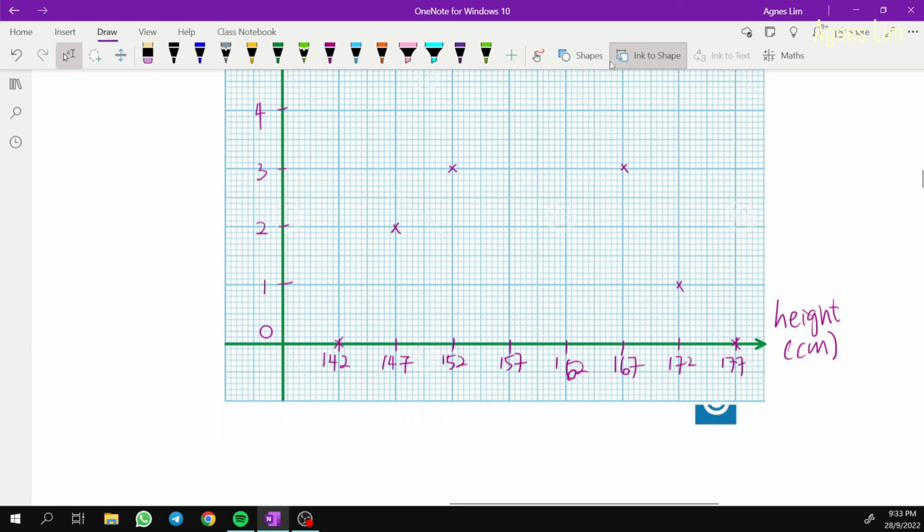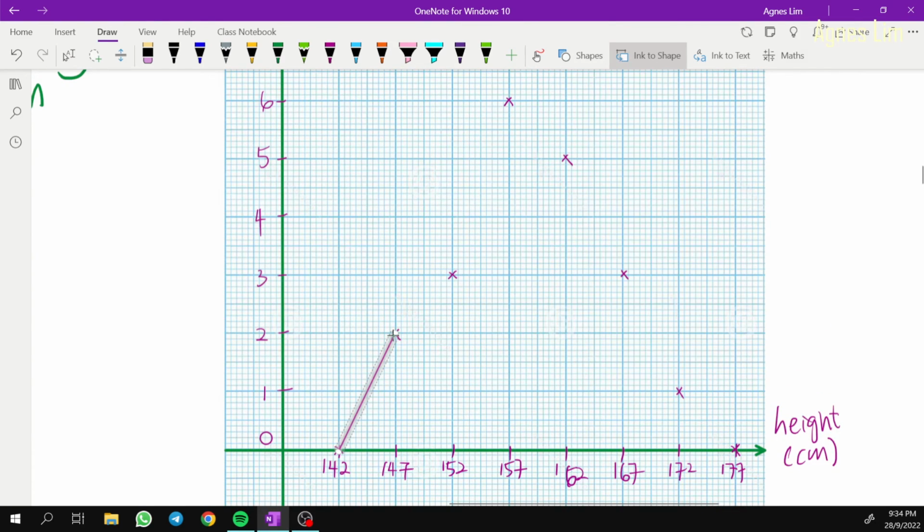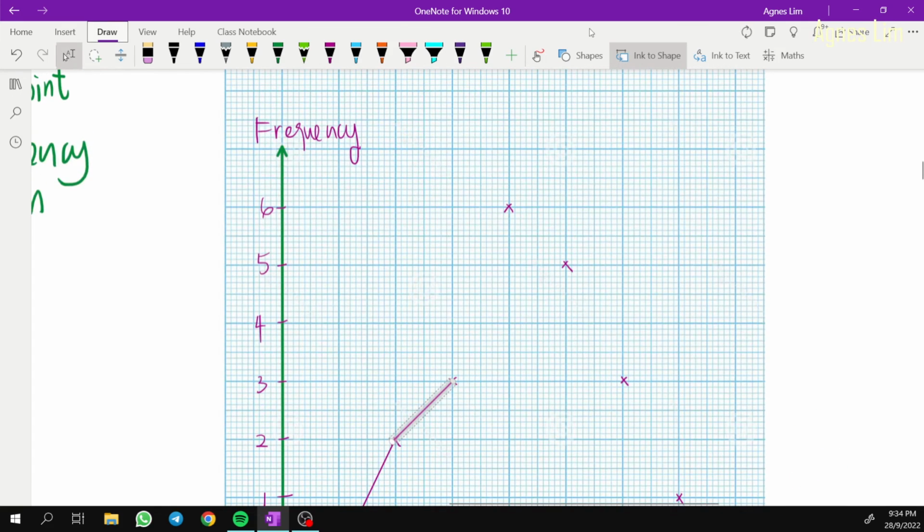And then we do the same as we did just now, which is connect all the points with a straight line, using your ruler. Make sure you connect properly, because there are people who connect like this. They forgot there's a point here, they go straight here, then they remember, they go up. And then it doesn't look like a mountain at all.